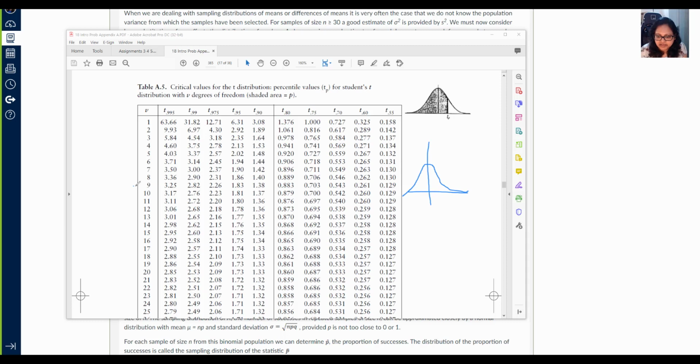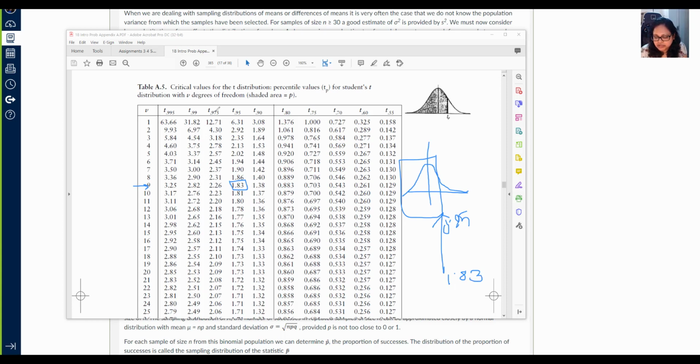So let's say the degrees of freedom is 9, then within the 95, that means less than, let's say, 0.95 area, the critical value in here would be 1.83.